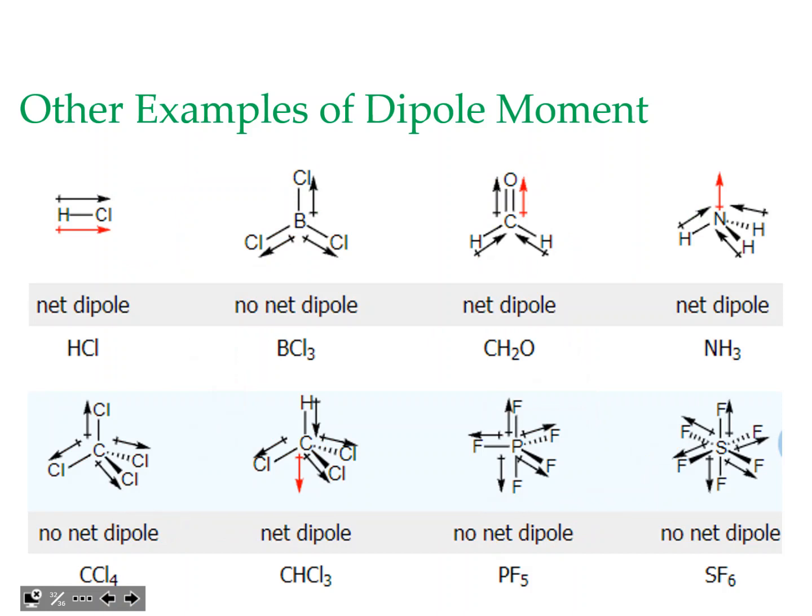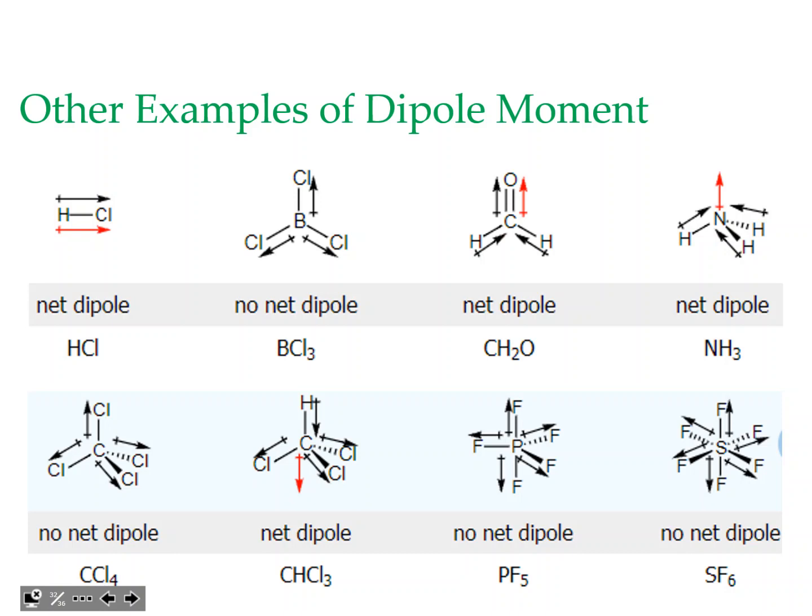Hydrogen chloride, obviously towards the chlorine, but this one is a flat triangle. This is formaldehyde. It goes towards the oxygen, so this one has a net dipole. Over here, ammonia, net dipole, it points towards the nitrogen.